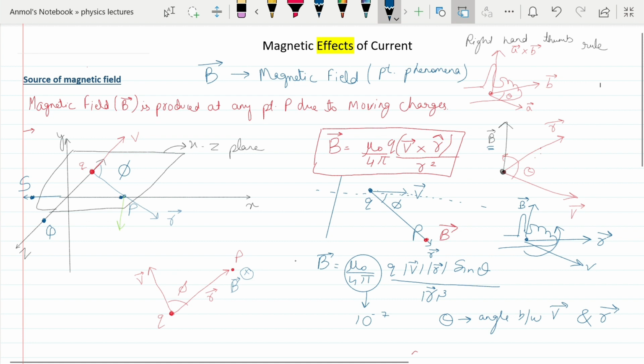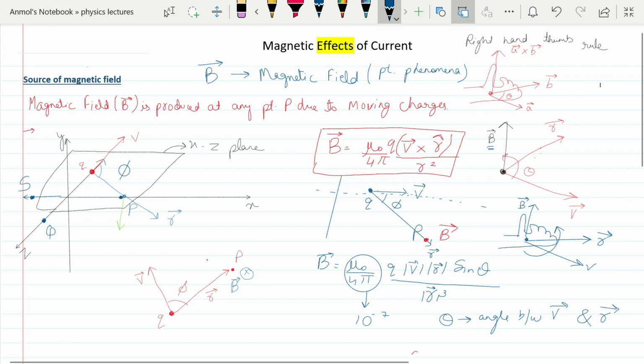So in that case, with respect to this q, draw the position vector r. Sometimes I may call it the radius also. So this is the position vector. At this point I want to know what will be the magnetic field, so it will be given by the same formula which we have discussed.